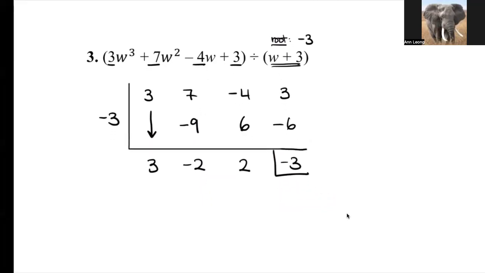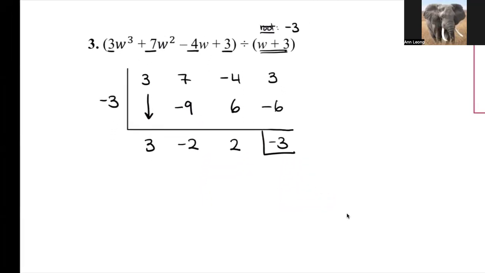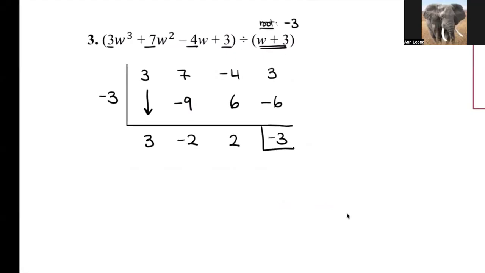We can't leave our answer like that, so we need to write this out now. These are our coefficients, and this is our remainder. Your answer is going to be 3w squared. The reason I know it's squared is that it's going to be 1 degree less than the original, because dividing this by this leaves you with w squared.